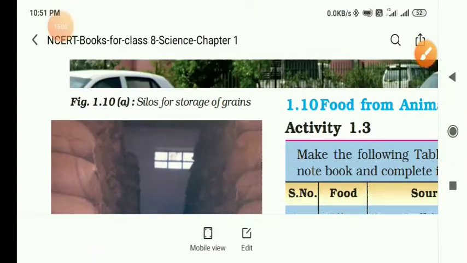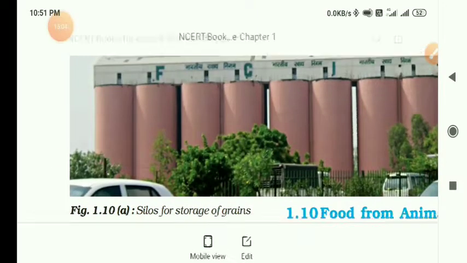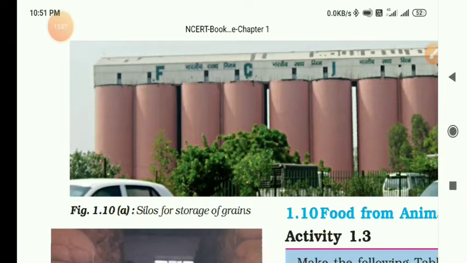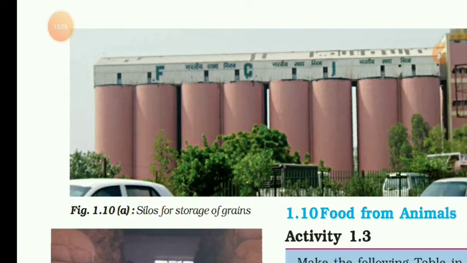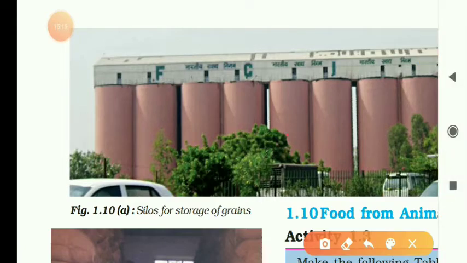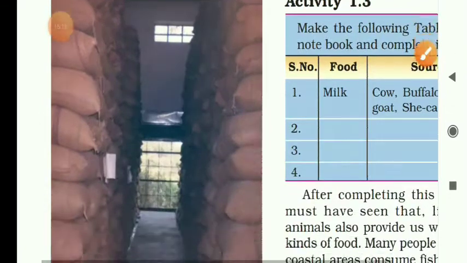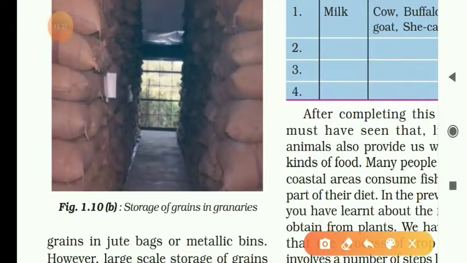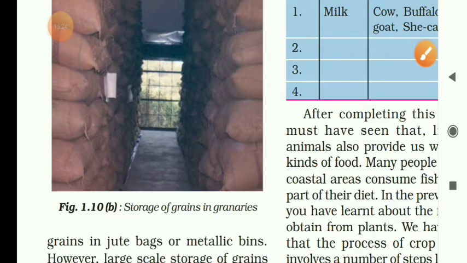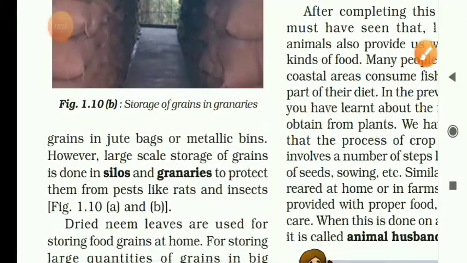Look here now. Silos are vertical bins that are used for storing the grains. This one is silos and this one is granaries. They protect the grains from pests like rats and insects.